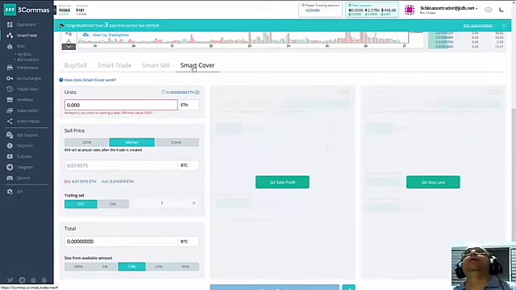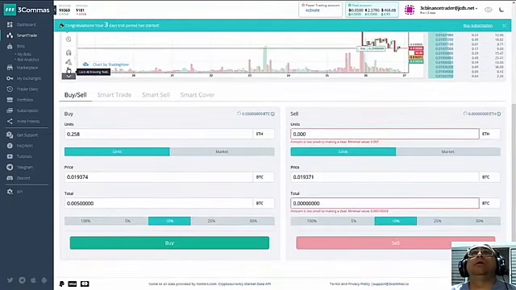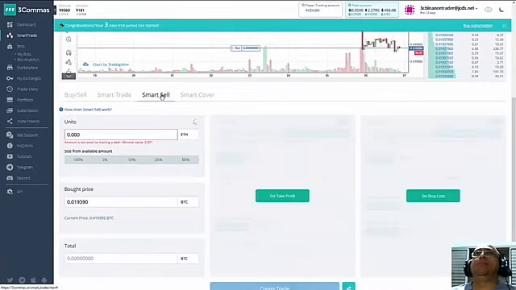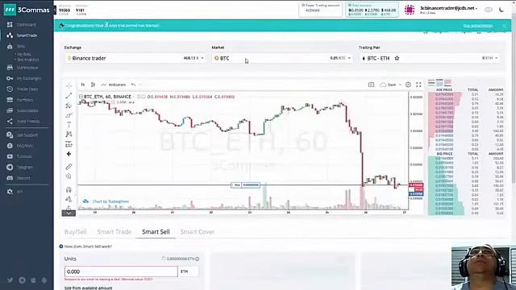So you already have the coin, but you want to short and not long it. And you have the buy sell interface, which is very simple. You can either buy or sell coins directly without using a trade. You can even buy here and then turn it into a smart sell later. Okay, so I invite you to explore this interface.